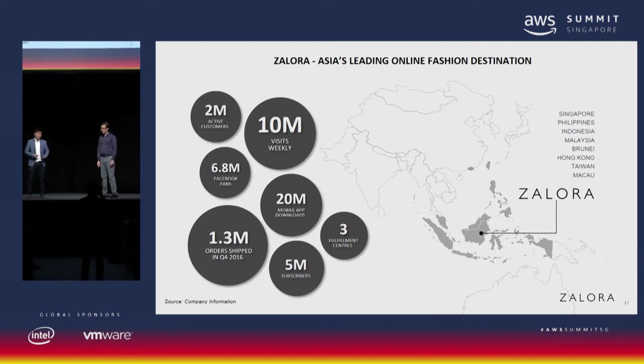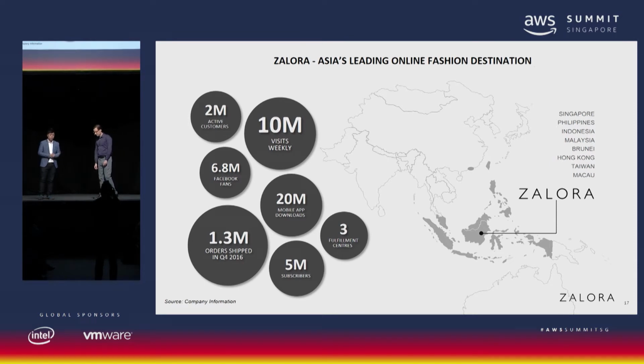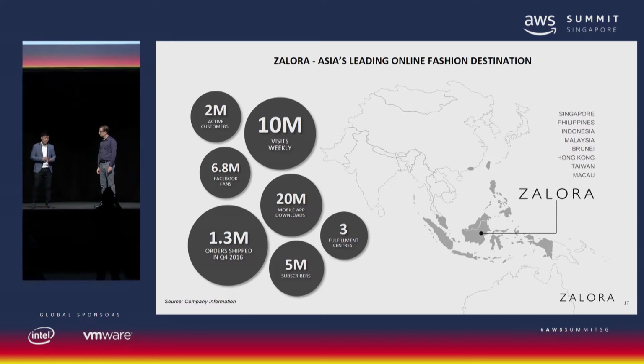ZALORA is Southeast Asia's largest online fashion e-retailer, operating in 8 countries with over 40 million visits monthly. We have grown to this size in only 6 years, and as we are growing, we needed a more flexible platform that can provide reliable service whenever we need it and without too much upfront investment.